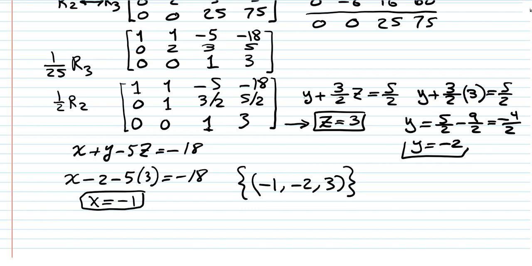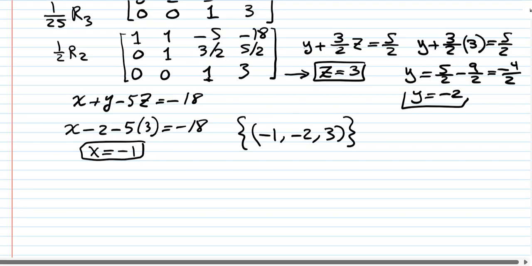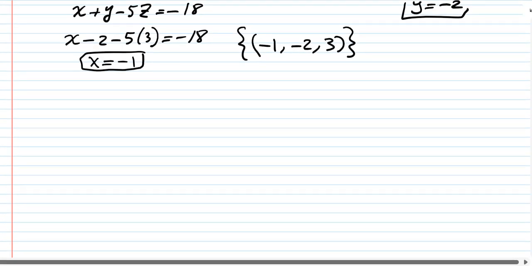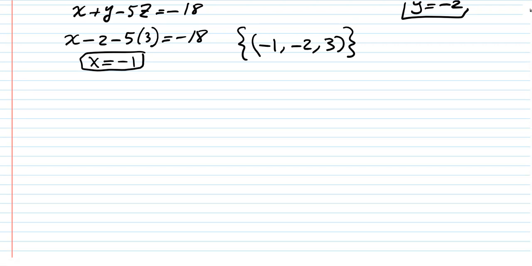All right, so we're done with this example. Let's take a look at another example. Now, here's an example where, well, not necessarily go wrong, but what else could happen when I do this? What if the system is inconsistent, for example? How would that show up in the matrix, right?